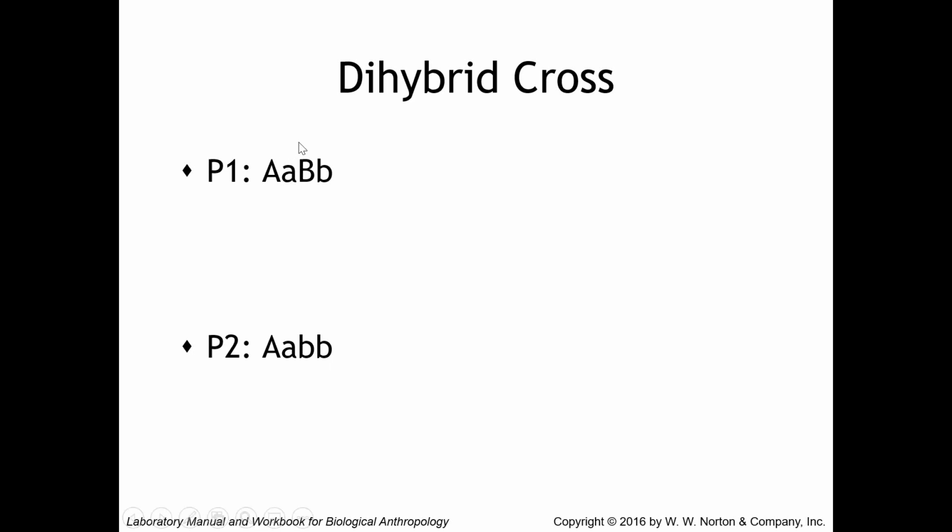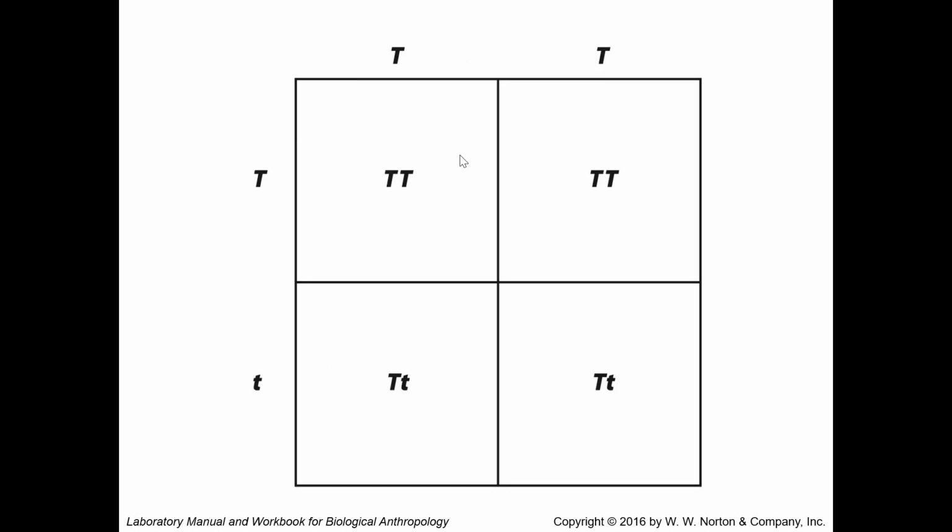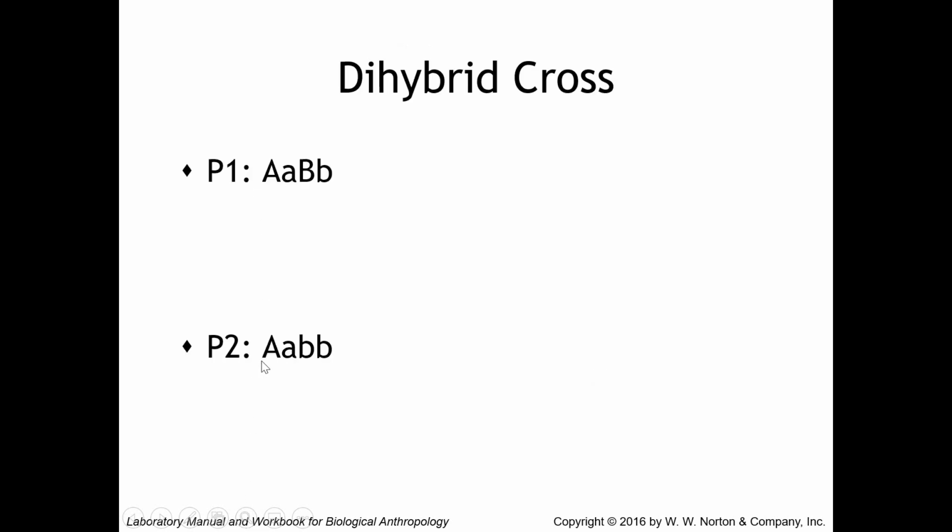The way that you do this is you want to find the gametes, right? Here the genotype of the parent was homozygous dominant, big T, and we split that up. And here we have, again, heterozygous, so big T, little t, and it's split up. We're going to do the same thing here, except we are tracking two traits.